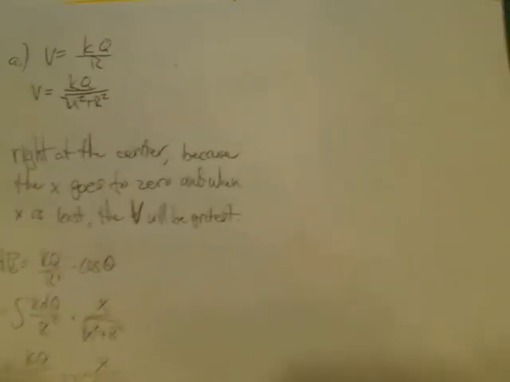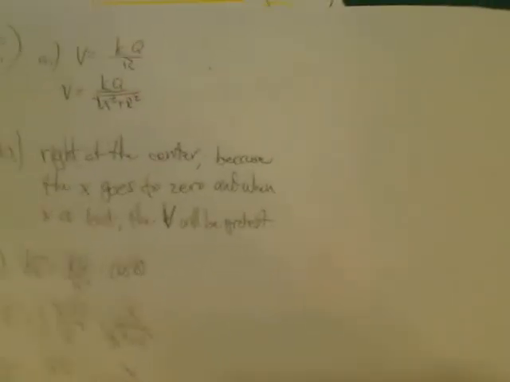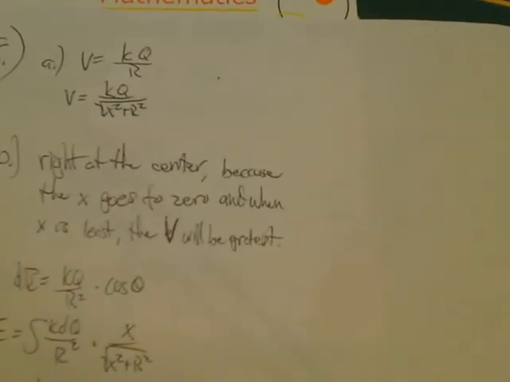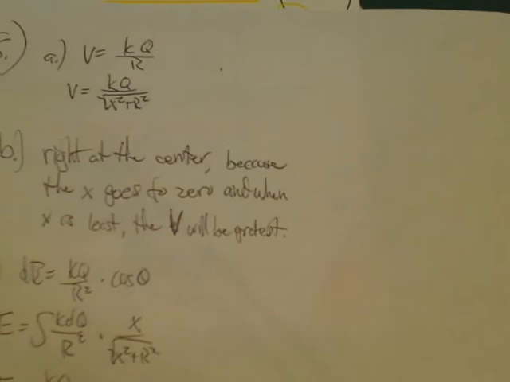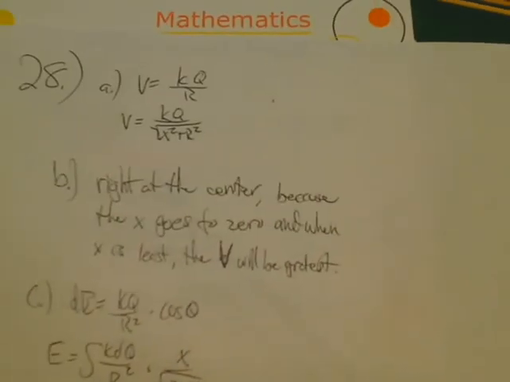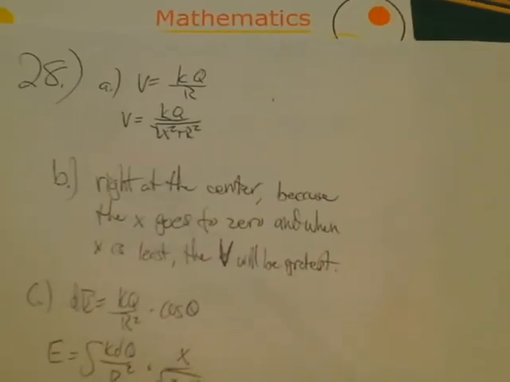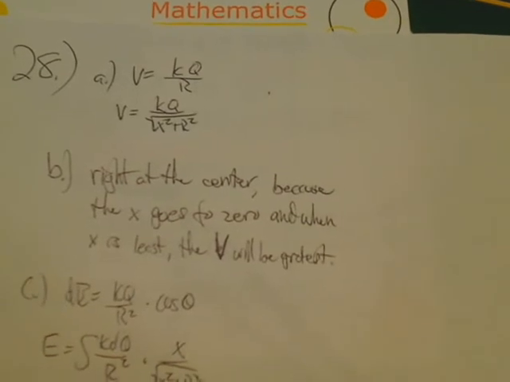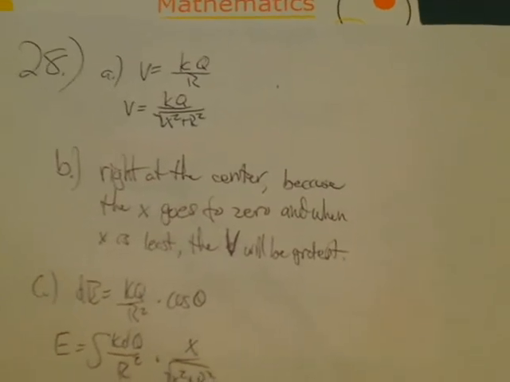Number 28 was asking you in the first part for the electric potential at point P on the axis. So you basically made x your distance along the x-axis, and r was constant. You have to do some geometry and get the square root of x squared plus r squared.